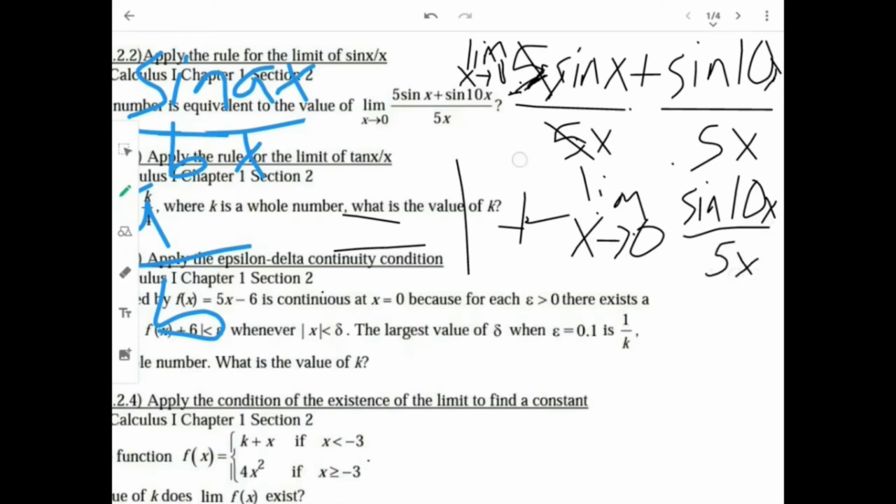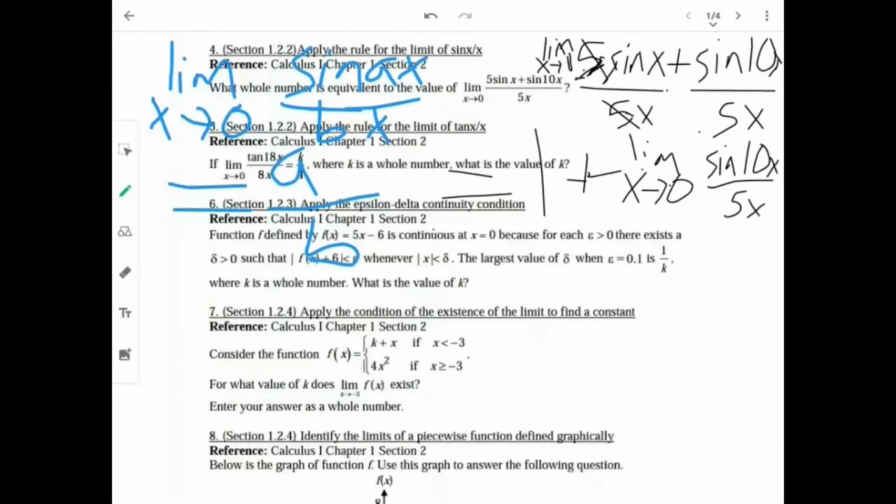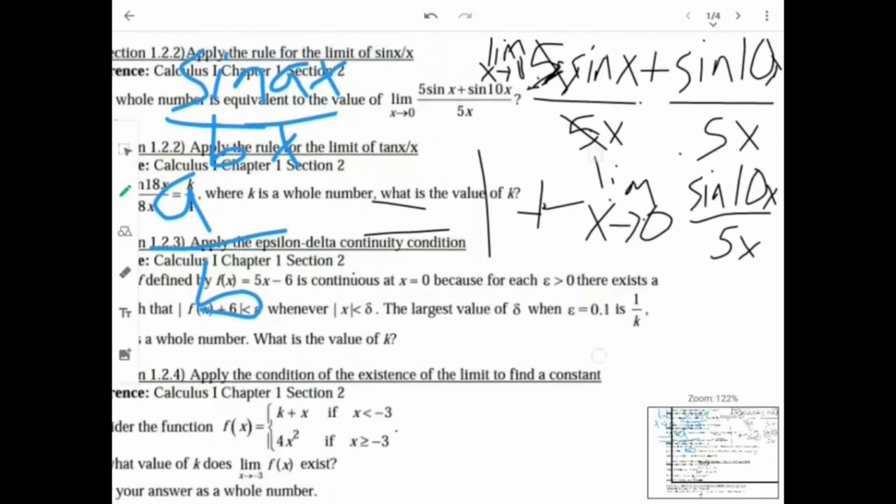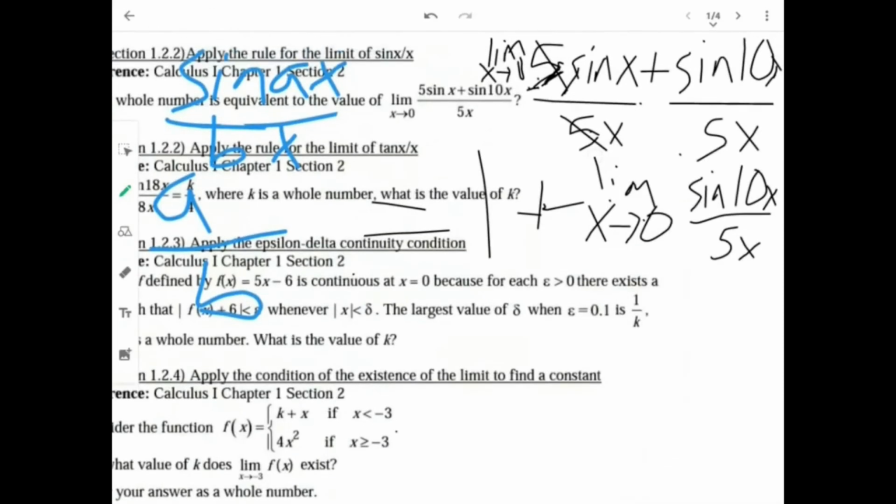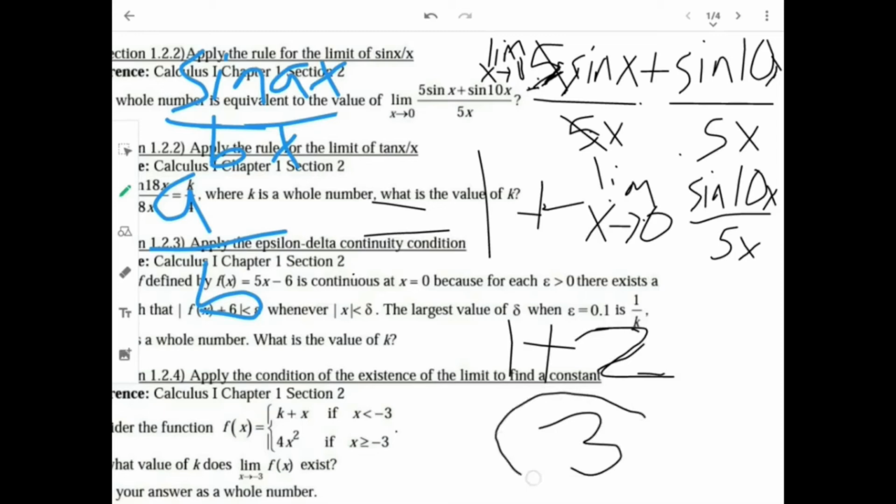And then as you can see from the identity over there, it's a over b, which is 10 over 5, which is 2. So it'll be 1 plus 2, and that is 3. So that is the answer for 4. Now next question.